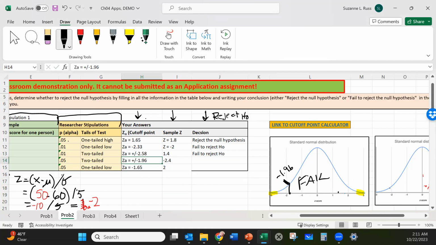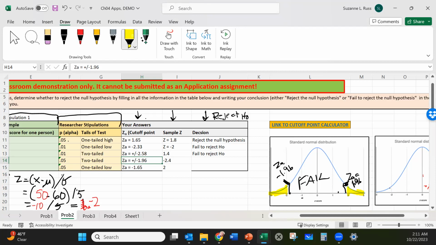I know that because here's the -1, you can't see it well. Here's the -2, and this minus 1.96 is going to be pretty close down here. Here's another negative 1.96. Here's Z alpha. Here's another Z alpha equals 1.96.